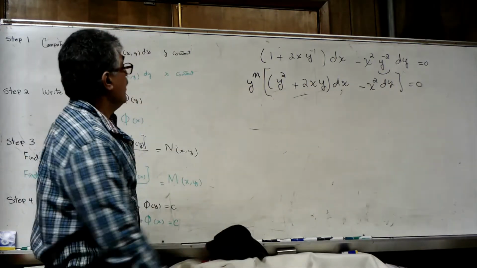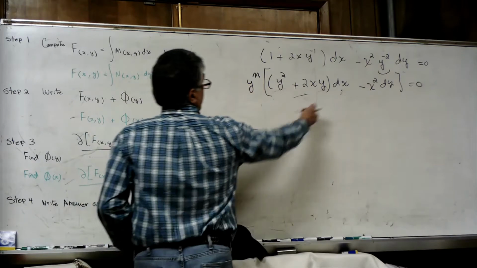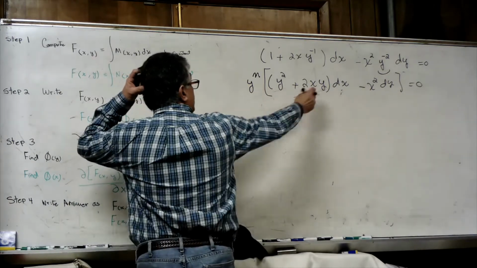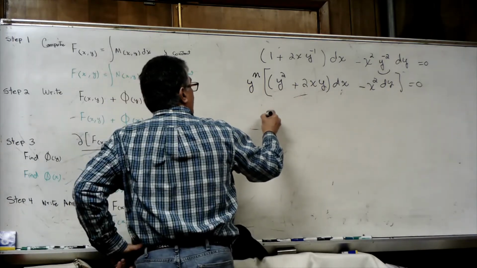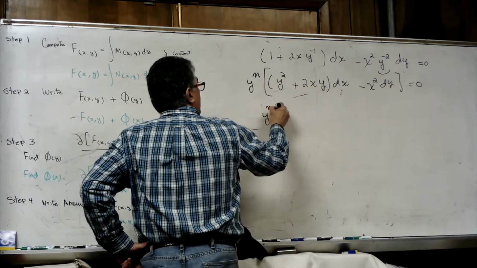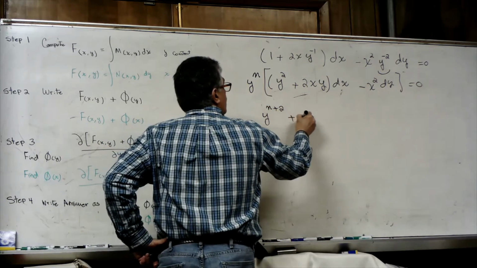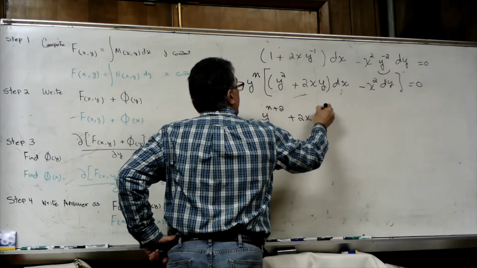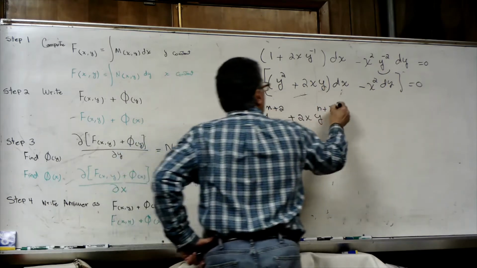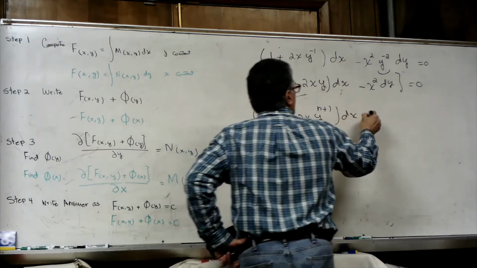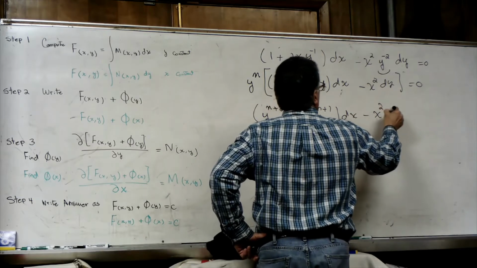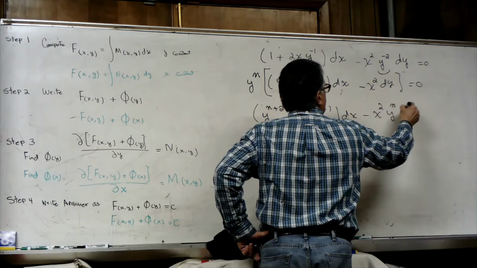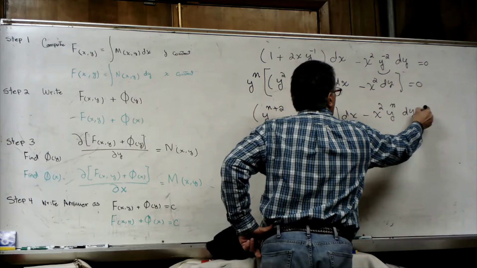So let's go ahead and find n. Let's multiply y to the power n inside the equation. So we are going to have y to the power n plus 2 plus 2xy to the power n plus 1 dx minus x squared y to the power n dy equal to 0.